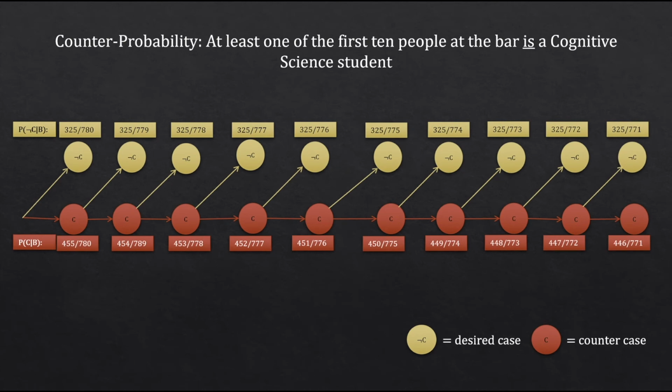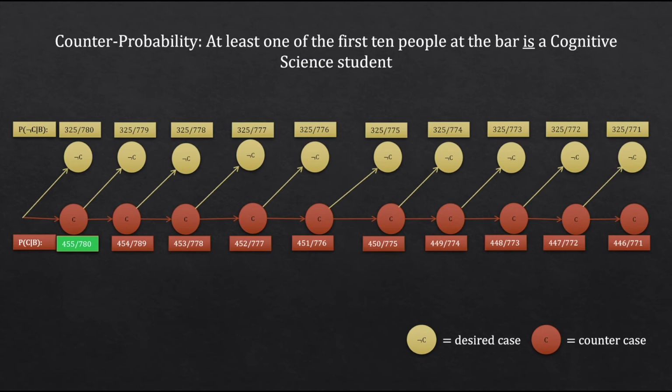Here we see a simulation of the possible cases. The beginning probability to get to know a non-Coxi is 325 divided by 780. On the other hand, the probability to meet a Coxi is 455 divided by 780.